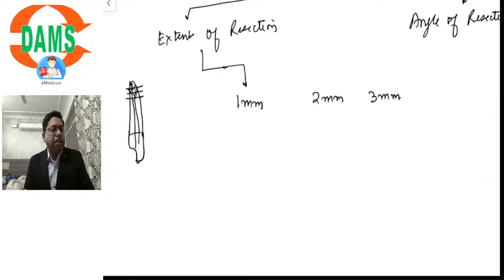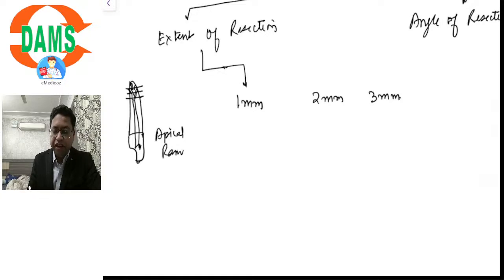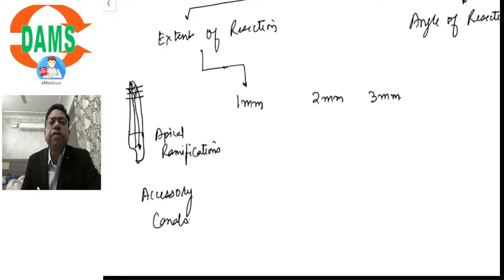So in the apical one-third, there are structures like apical ramifications and accessory canals. Isn't it?